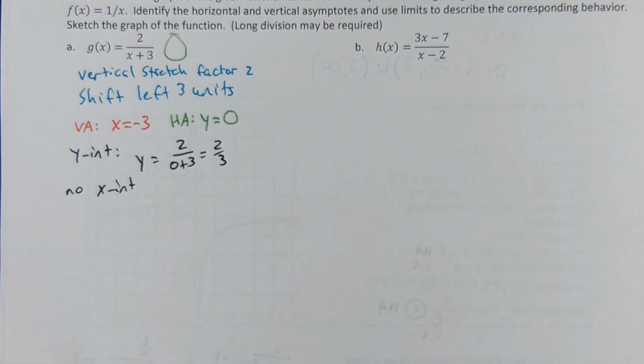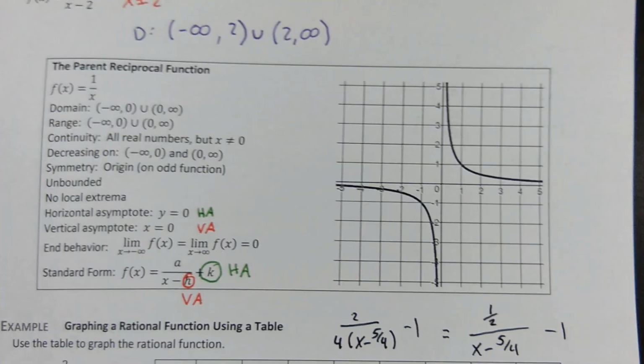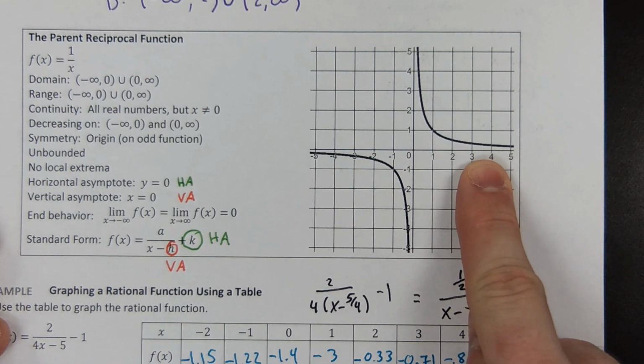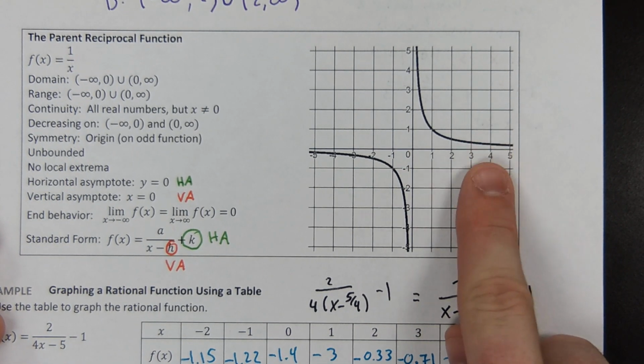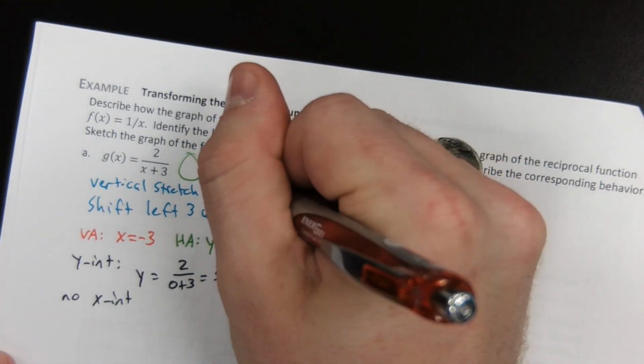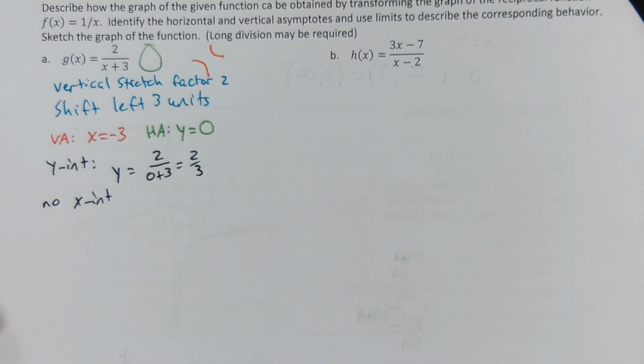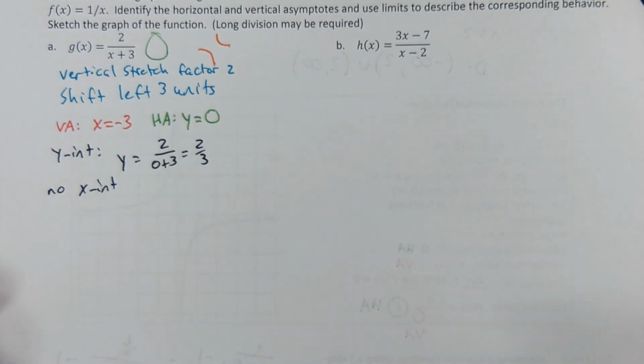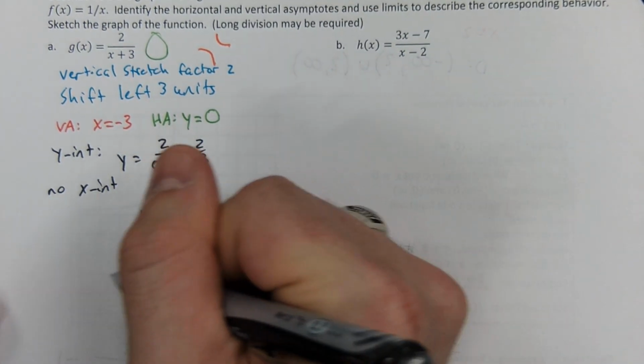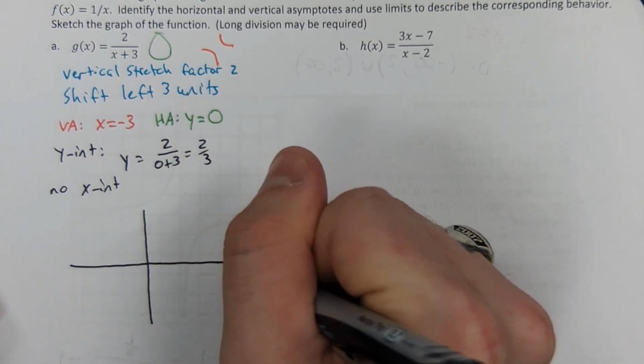Let's sketch our graph. Was there any reflecting? No, I didn't multiply by a negative sign anywhere. So this is the shape of the parent function, and since I didn't do any reflecting, I'm going to have this same shape, like this on the left and this on the right. Going to draw our xy axis. Picture not drawn to scale.